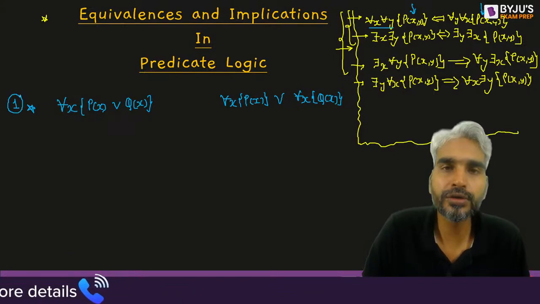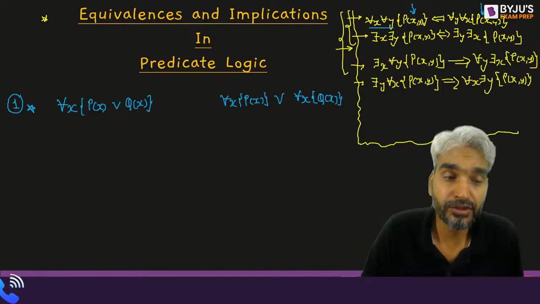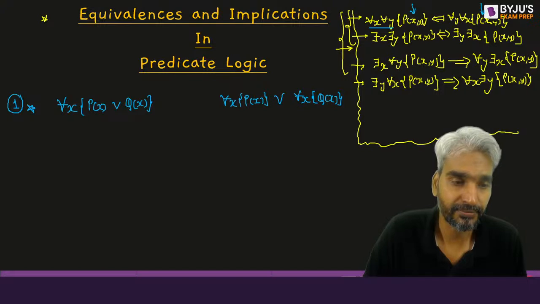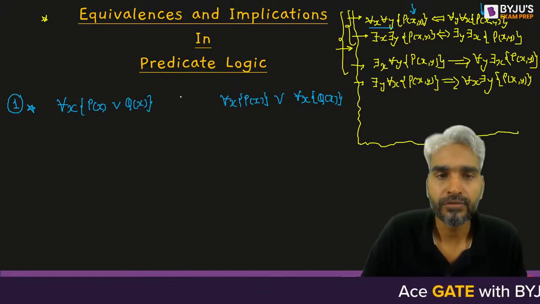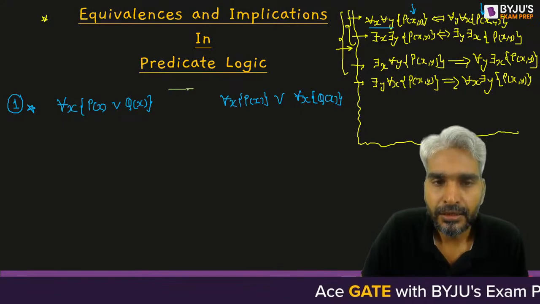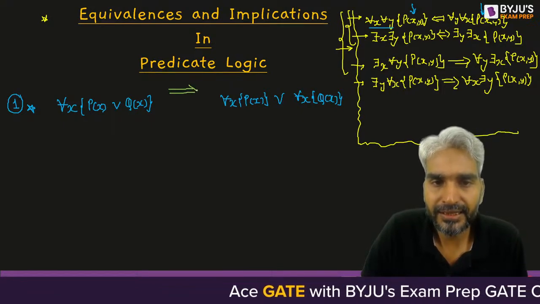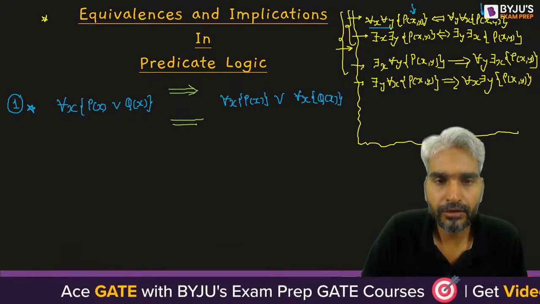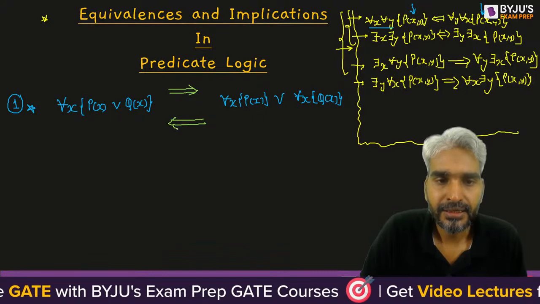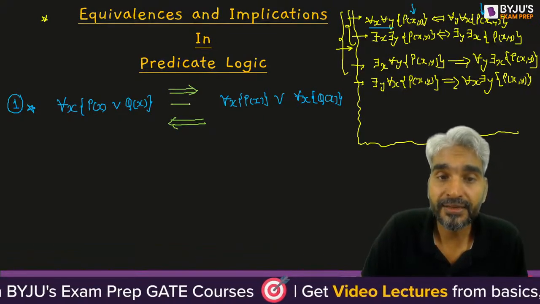Now these are the two things which we just need to check: what relationship will hold between these two. Whether LHS will logically imply RHS or RHS will logically imply LHS, and if both of them are true, then it will be equivalent.